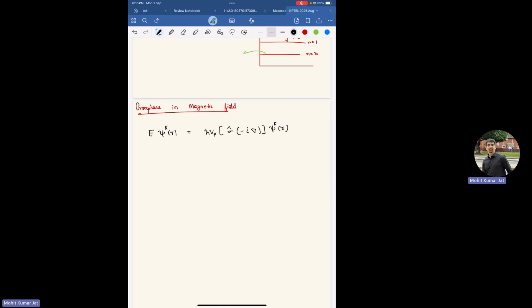But now, if you account for the magnetic field, then what will happen in this energy equation? The vector potential will also be introduced. So from B equal to 0, now we take a finite perpendicular magnetic field, Bz cap.